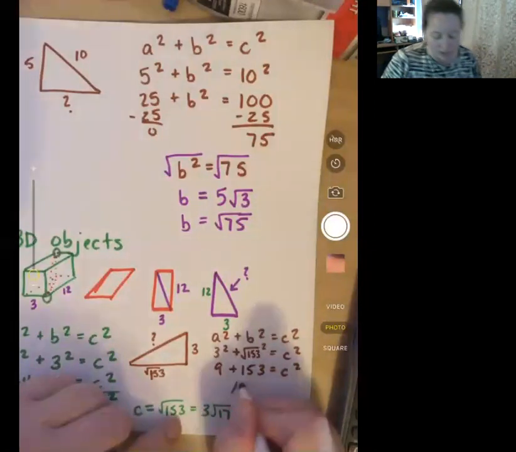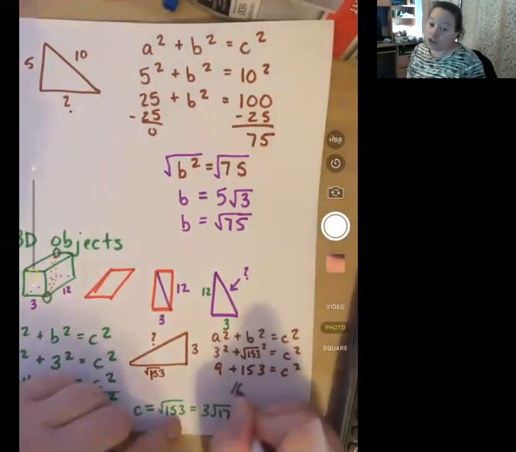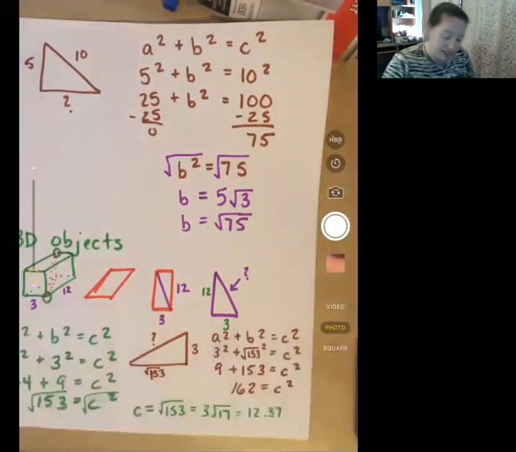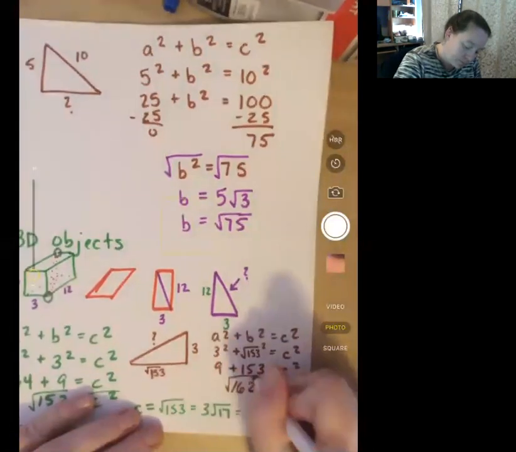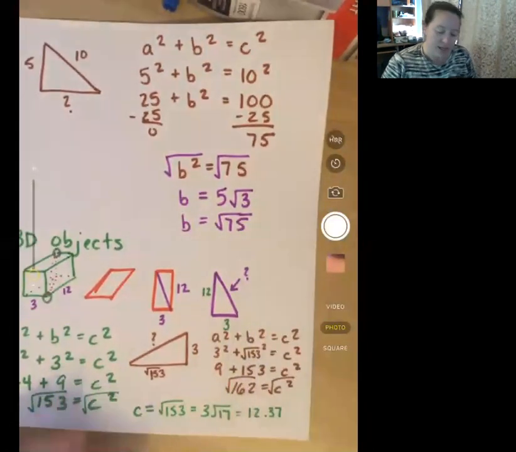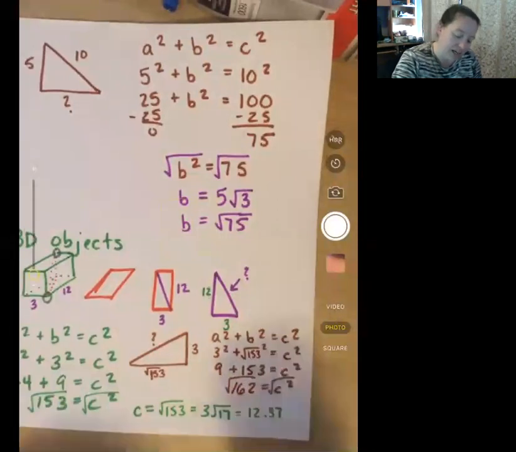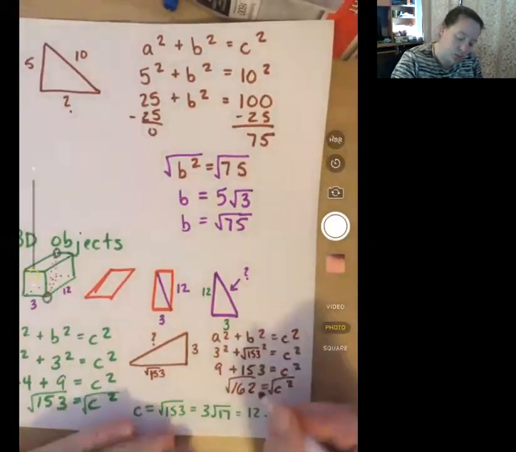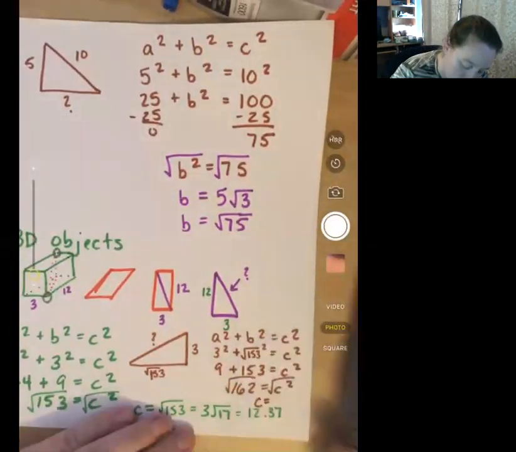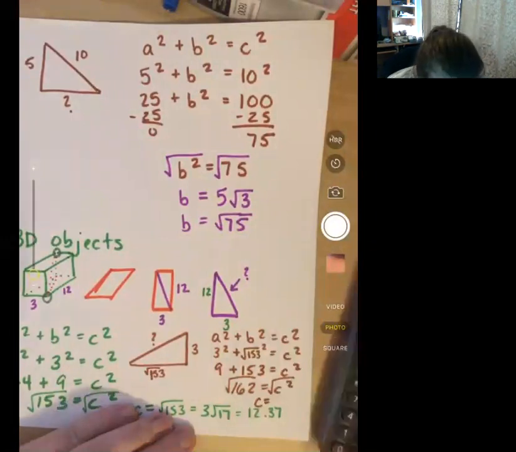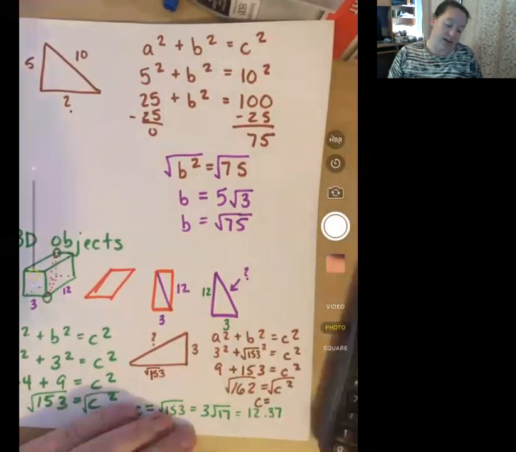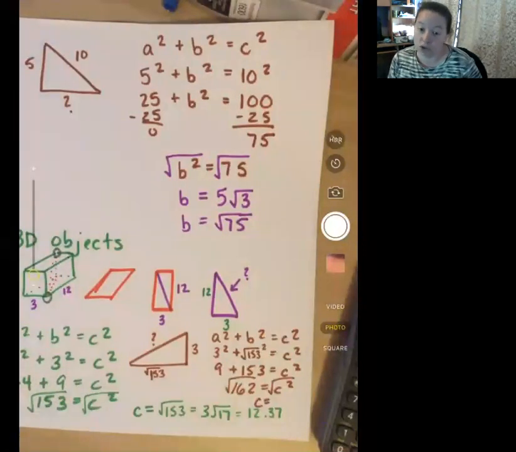equals c squared. What I have to do to both sides is the square root sign, and then I am left with c is equal to, let's see what the square root of 162 is. Okay, so we have c is equal to the square root of 162. Let me write it up here.